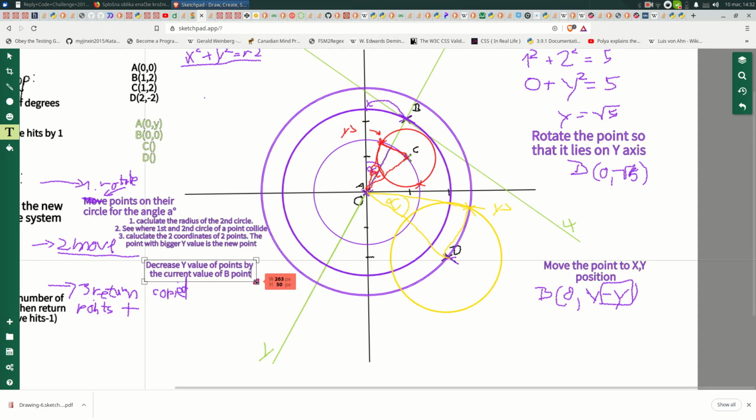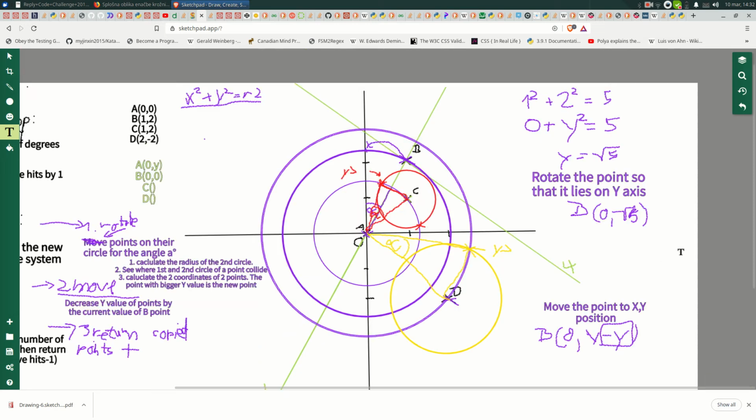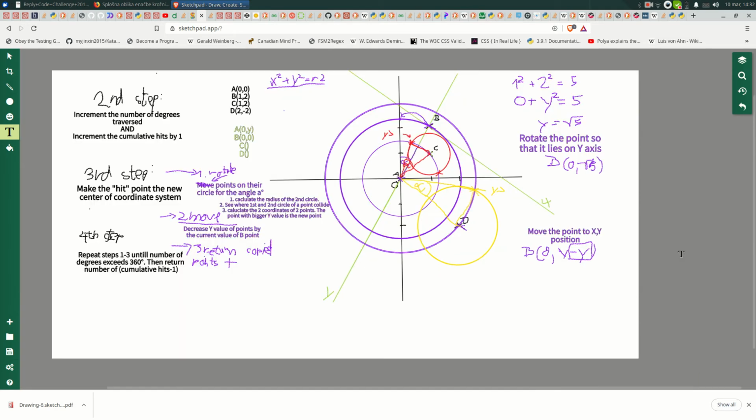So yeah, I think that is the full algorithm. I think I have just procured the whole algorithm. Oh yeah, and I think that's it.